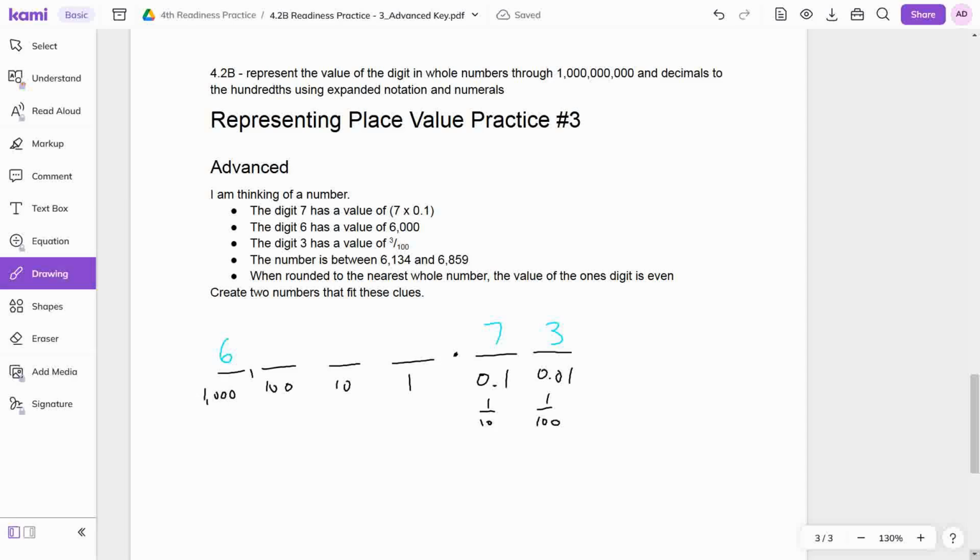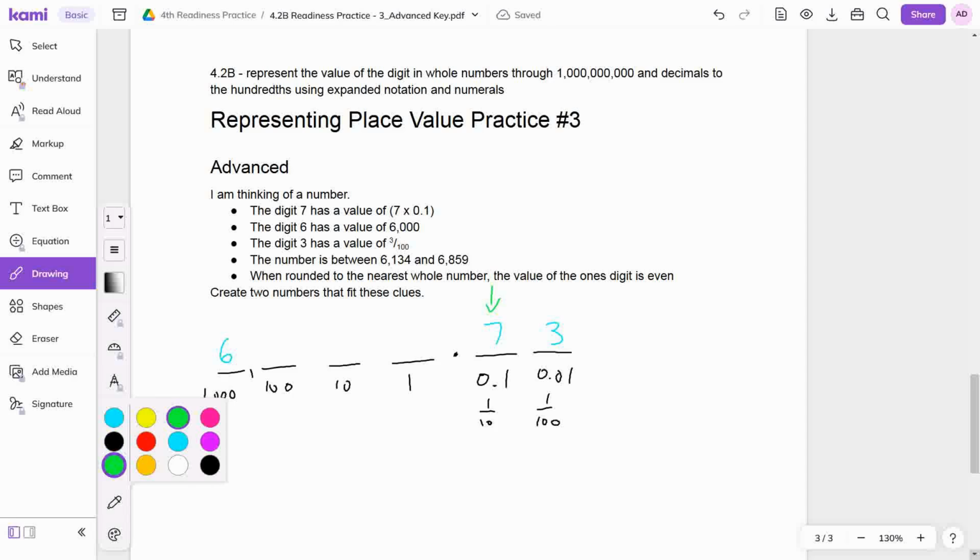And then the number is between 6,134 and 6,859. So I need to do something with my hundreds, tenths, and ones to fit between those numbers. And then when rounded to the nearest whole number, the value of the ones digit is even. Okay, so when I'm rounding to the nearest whole number, I'm going to look right here at my tenths place to see whether I round up or not.